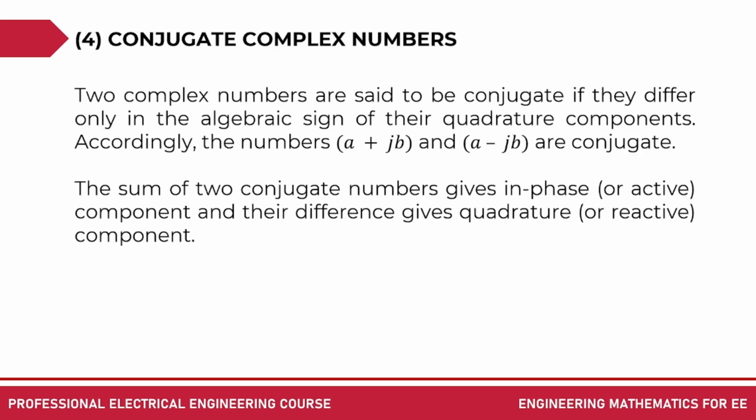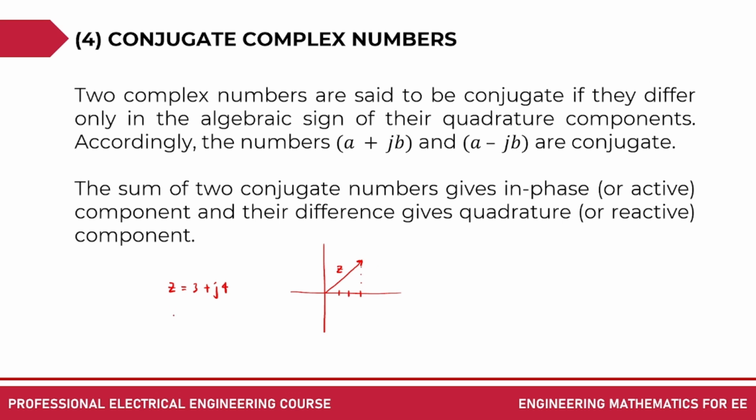Next. Two complex numbers are said to be conjugate if they differ only in the algebraic sign of their quadrature components. Example, if I have a complex number z as 3 plus j4, this is now your vector z.